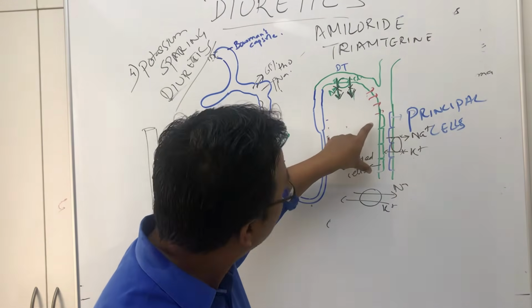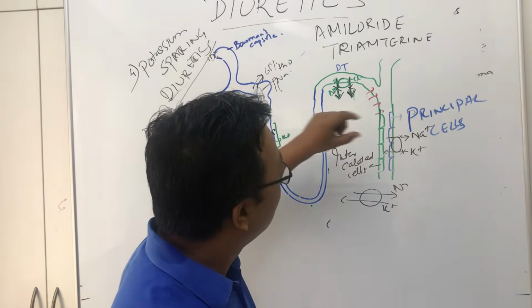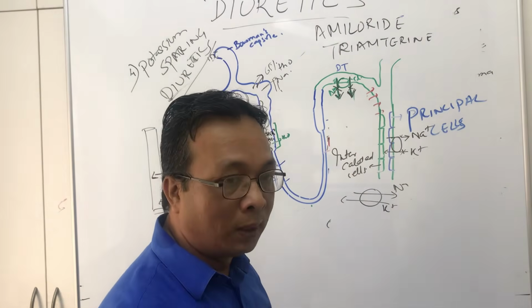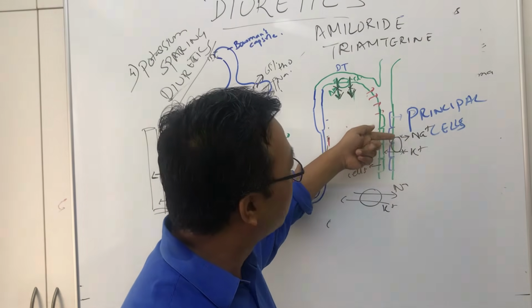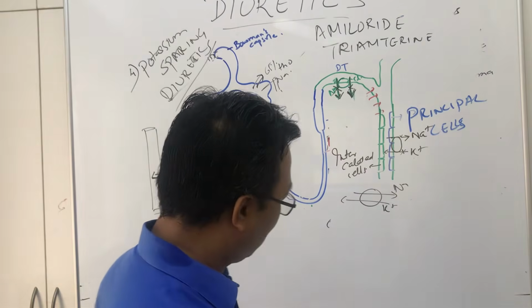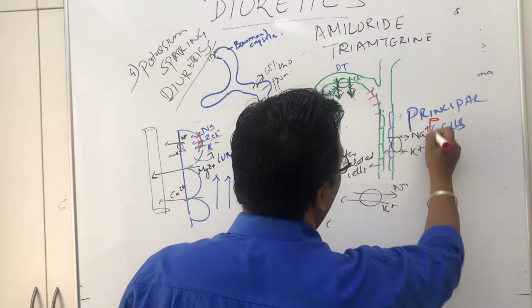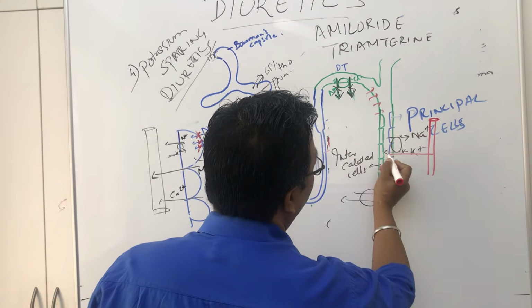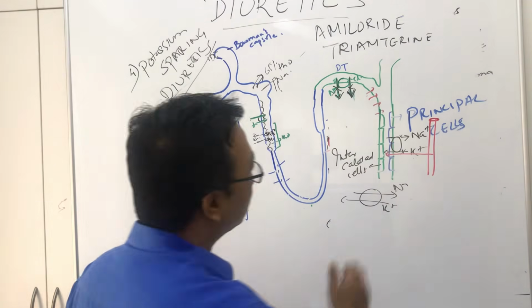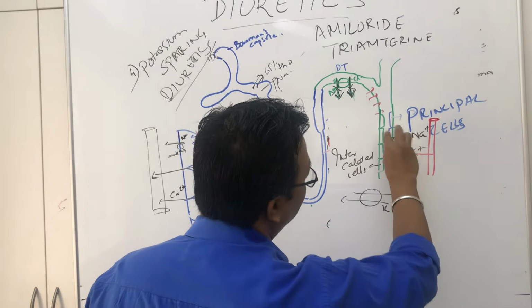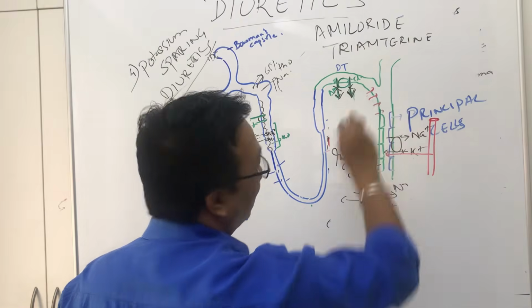Thank you, sir. So in the collecting duct, sodium is absorbed normally in exchange for potassium ions. Once sodium is absorbed into the blood, one potassium comes out of the blood. We are blocking this exchange mechanism here with amiloride or triamterene.